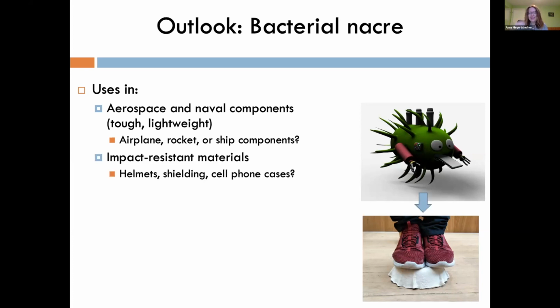We also saw that our material was very resistant to impact forces, which makes it interesting for bike helmets, shielding materials, cell phone cases, anything where you want your sample to stay intact when it's impacted.